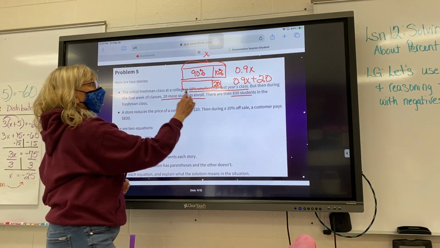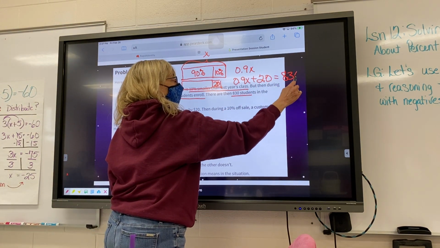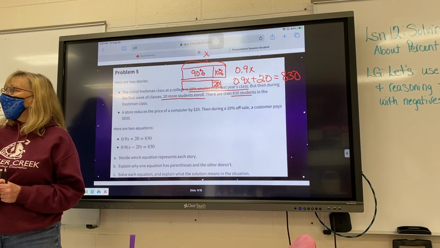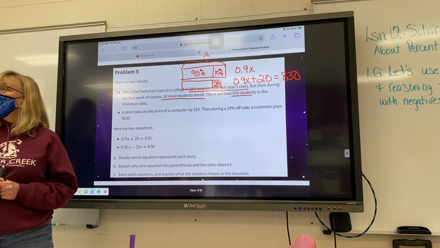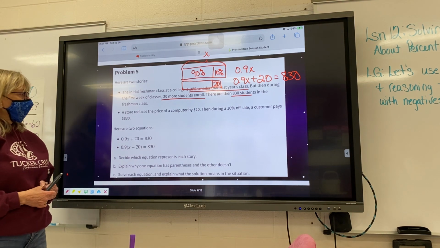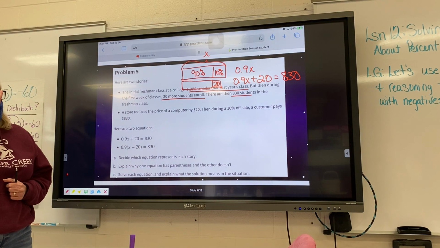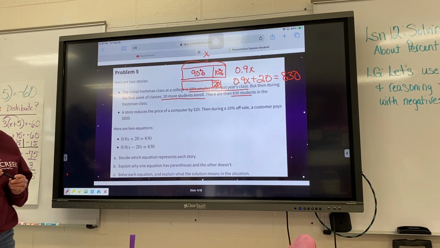And then this whole thing right here is going to equal 830 students. What do you think of that thought process? Make sense? Okay. So that would be equation 1, right? All right. Read story 2 to yourself.